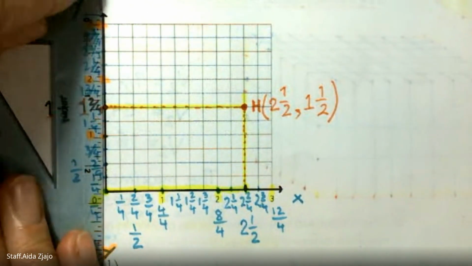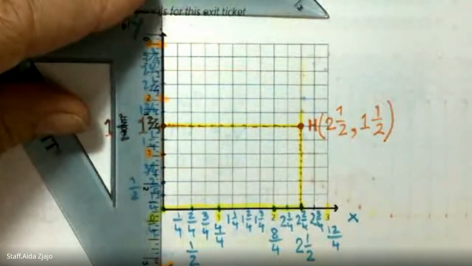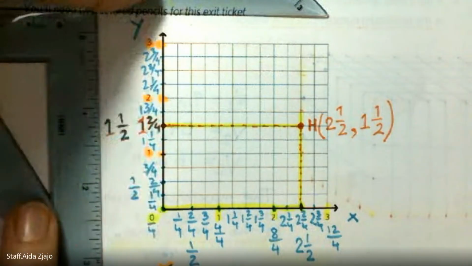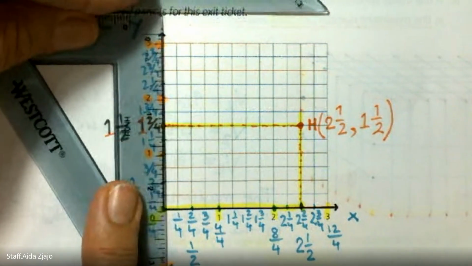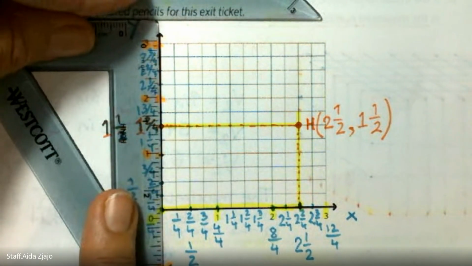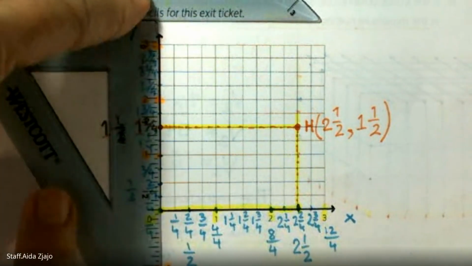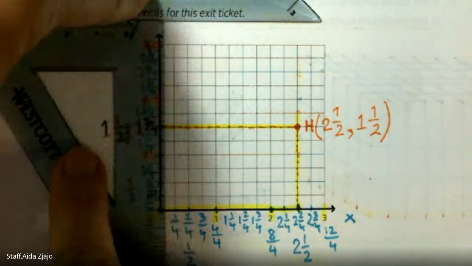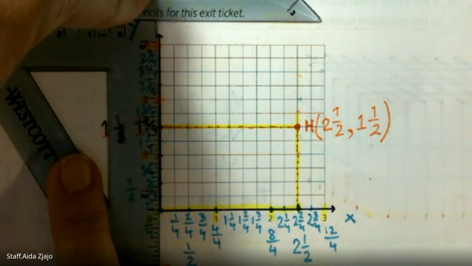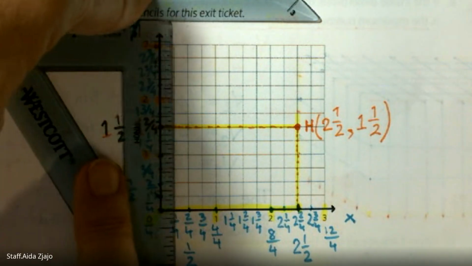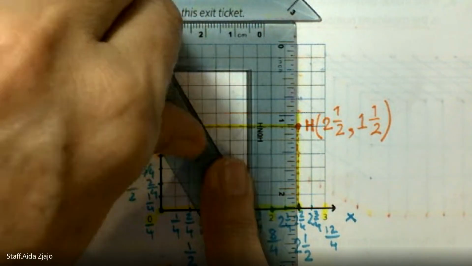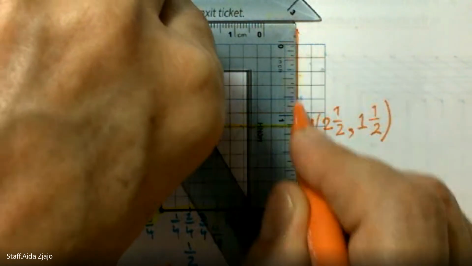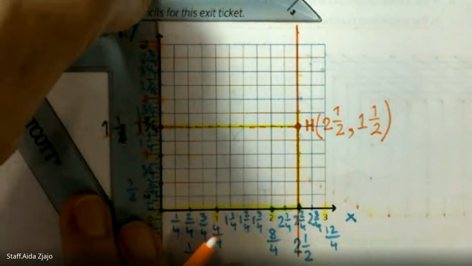So if I put my ruler right on the y-axis, and I take the other ruler that is perpendicular to it, I can slide my ruler that is parallel to y all the way to H, and I can create a parallel line.